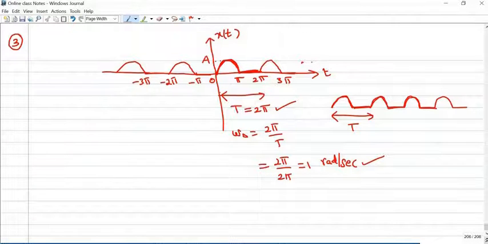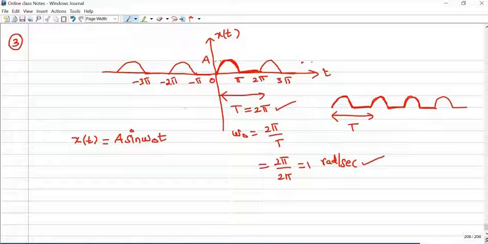So for this kind of problem, you should remember the expression for x of t, the standard sinusoidal signal mathematical expression. In unit 1 we studied x of t equal to A sin omega naught t.